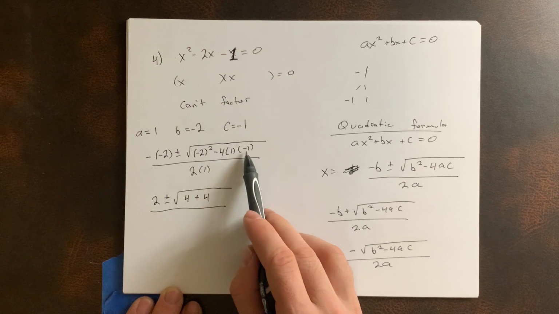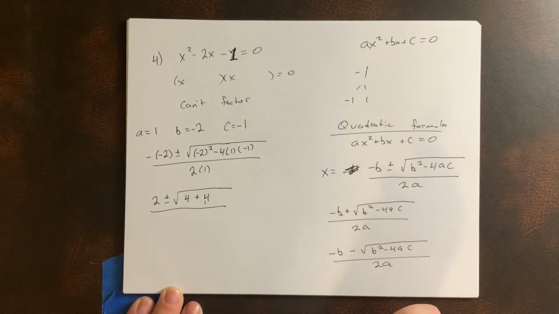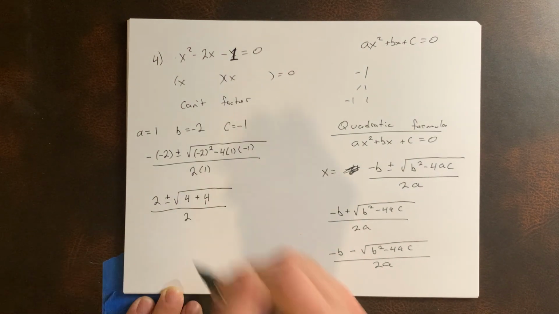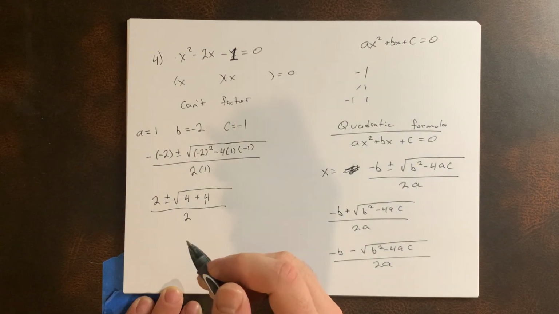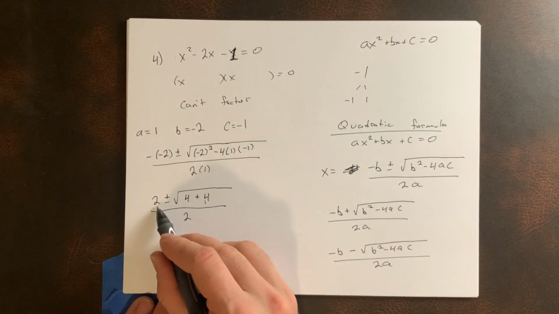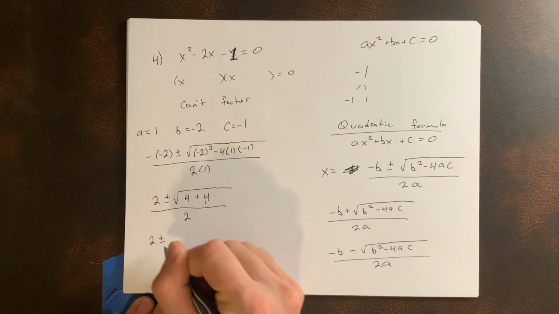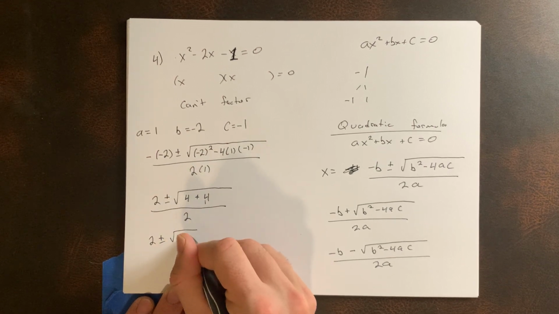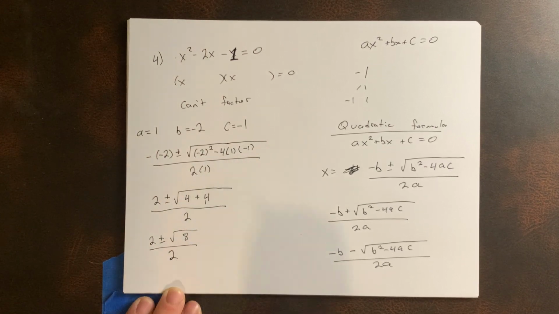Minus 4 times minus 1 is a positive 4. And then the bottom is 2 times 1, that's 2. So let's simplify this a little bit more. Here we're going to have 2 plus or minus the square root of 4 plus 4, which is 8, all over 2.